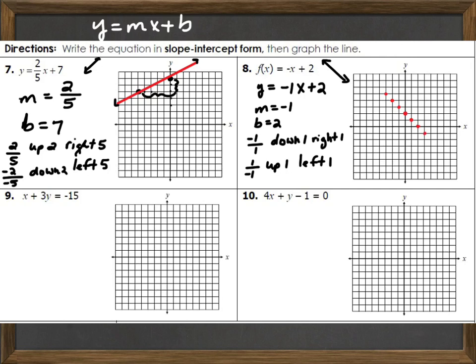And you can get a lot of points in there to where you can draw a nice line through those points. Okay? So that is a negatively sloped line. Put some arrows on it.